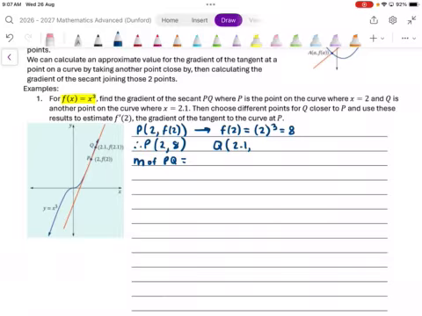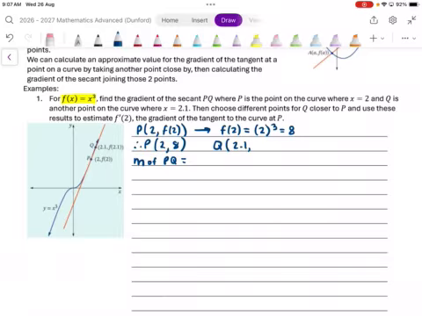So when we're finding the gradient, it's y2 minus y1 over x2 minus x1. So technically our y2 is f of 2.1 minus f of 2 over 2.1 minus 2. So this is just using our function notation.